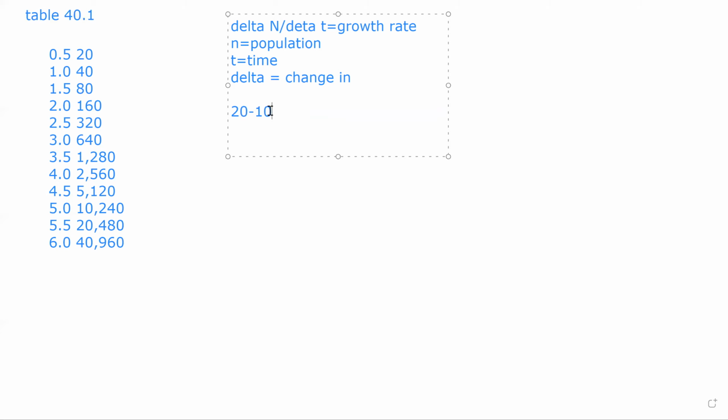We originally had a population of 10. And then this is all divided by the difference between a half an hour and the start. So that's still just a half an hour. And we have to remember that these are given in units of times 10 to the 3.